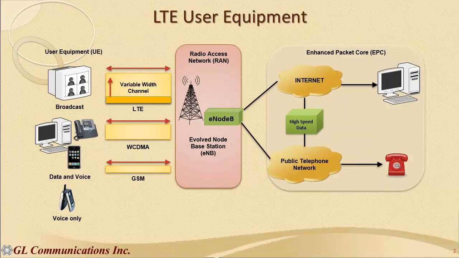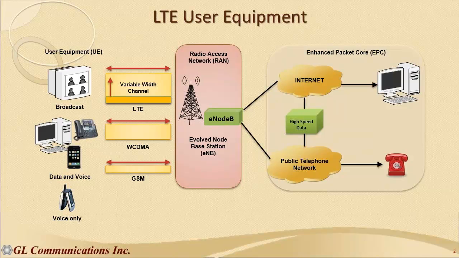This is a simple network architecture of LTE, where you can see LTE has a huge bandwidth with a variable width channel, which allows it to support different mobile communication devices as shown on the screen.